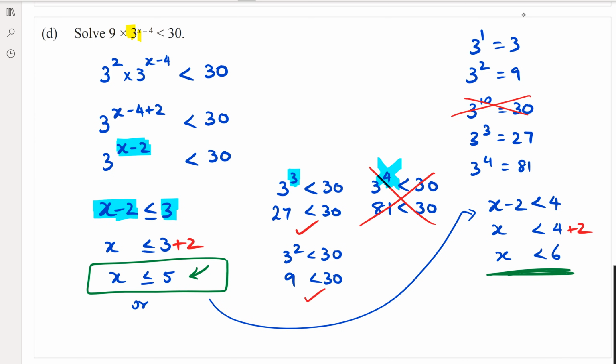So this particular one is like you can actually guess and check in this question, but you got to do at least one correct algebra process somewhere. All right. So excellence is for the final 2 answers. For merit, this is one of those questions where you do like 3 achieved skills and you get a merit. So achieved for just writing this as 3 squared. You can also get an achieved if you do 30 divided by 9.